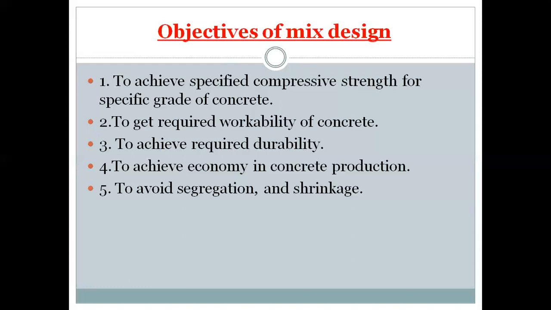So we have to avoid segregation, shrinkage, or other defects of the concrete during casting or after hardening. We require concrete with proper quality, and for this we require the concrete mix design.